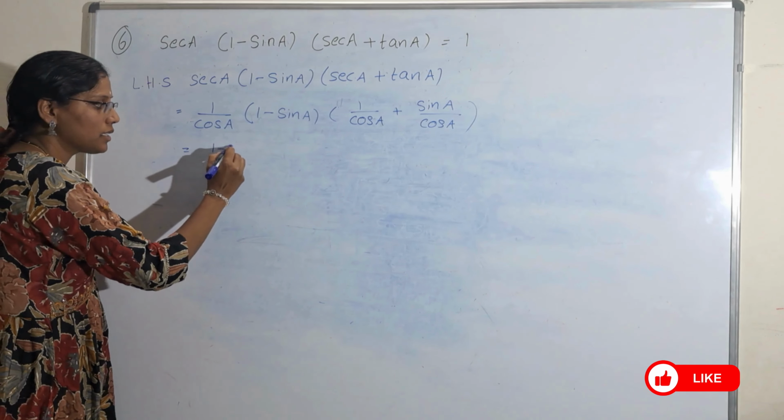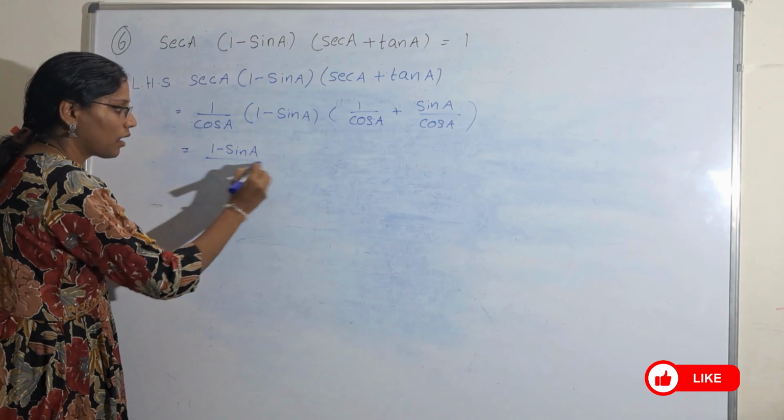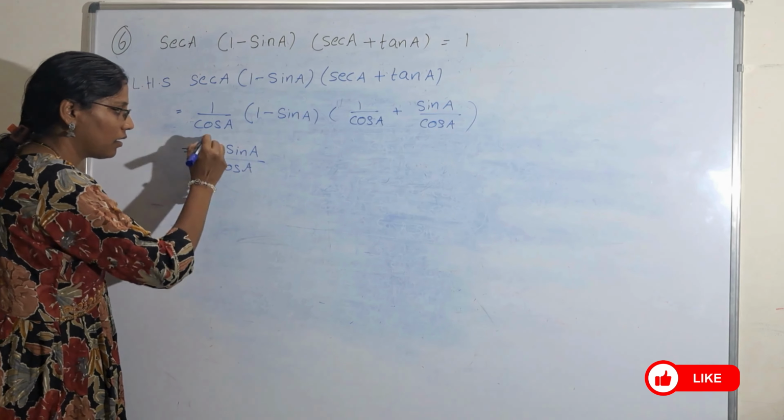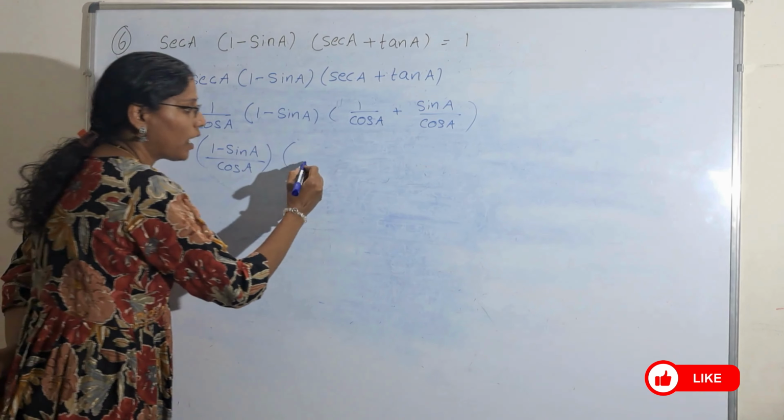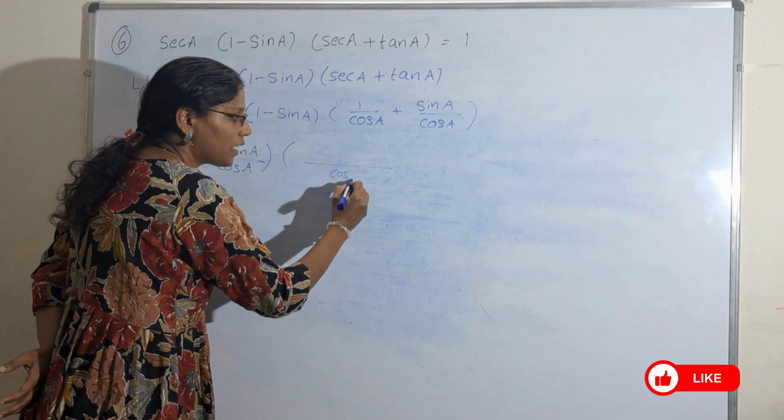Here, 1 minus sin A by cos A. In the next bracket, we have to take the LCM. Cos A is the LCM.